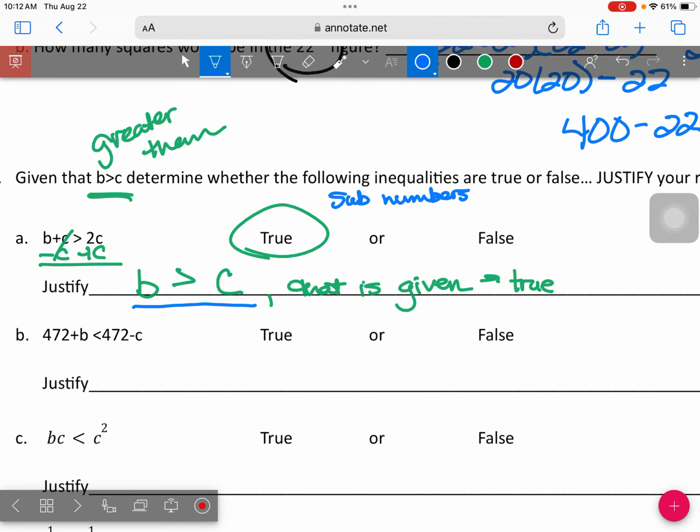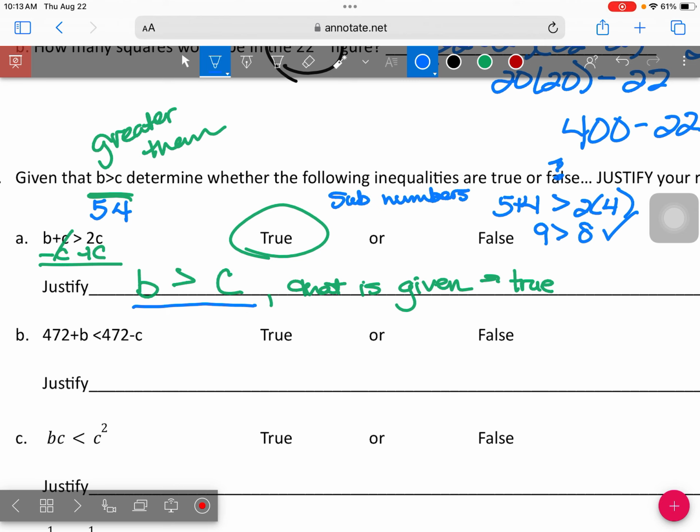So if I substitute numbers, and let's say I let B be 5 and C is 4. 5 plus 4, is that greater than 2 times 4? 9 is greater than 8. Yes, that checks off.